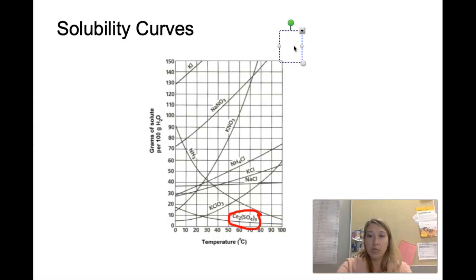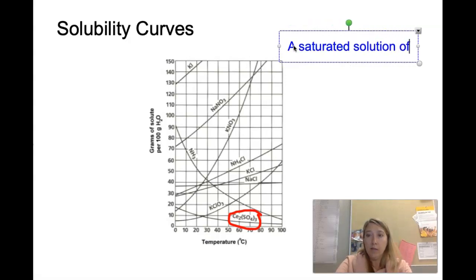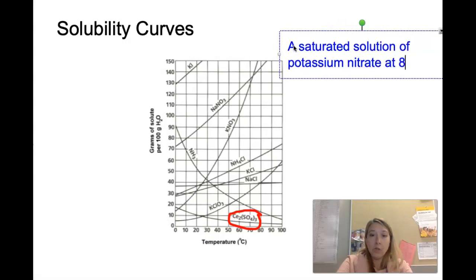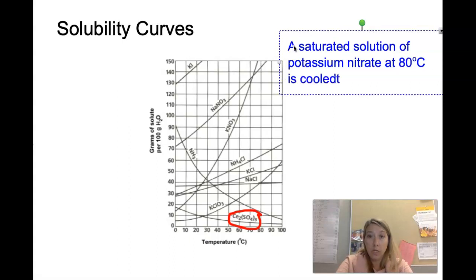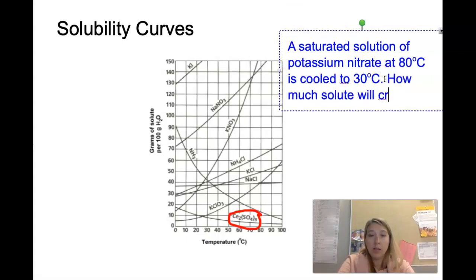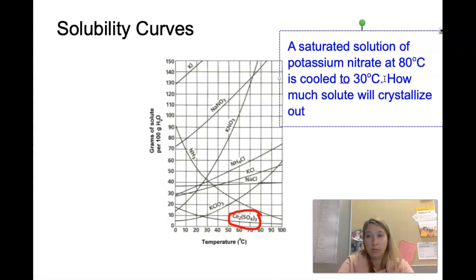So you could get a question that says, a saturated solution of potassium nitrate at 80 degrees is cooled to 30 degrees C. How much solute will crystallize out of a 100 ml solution?